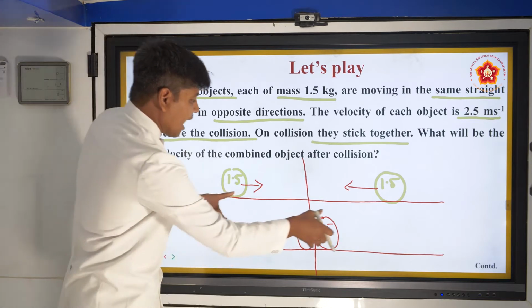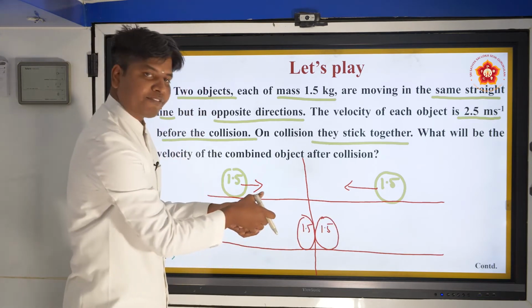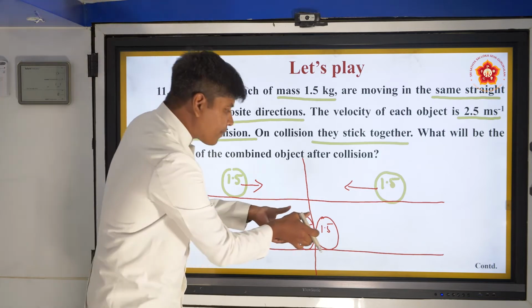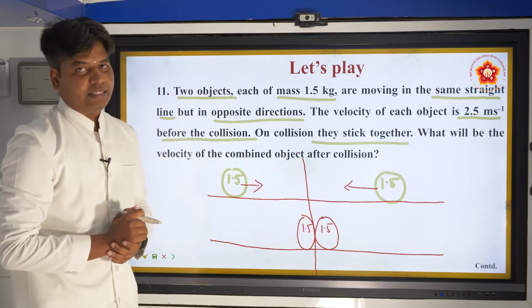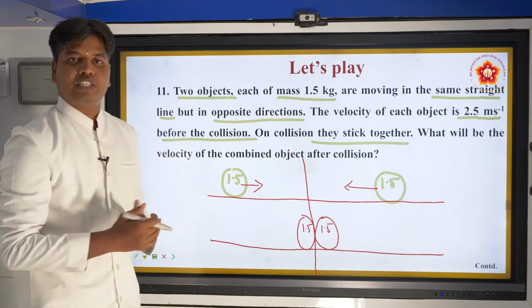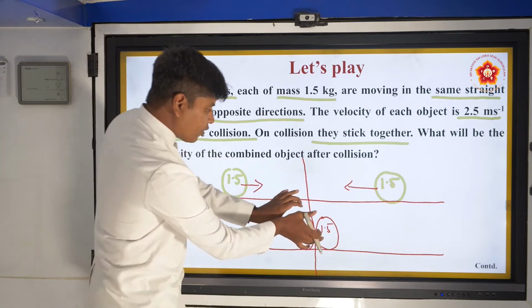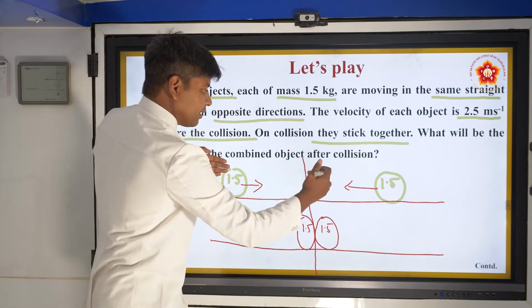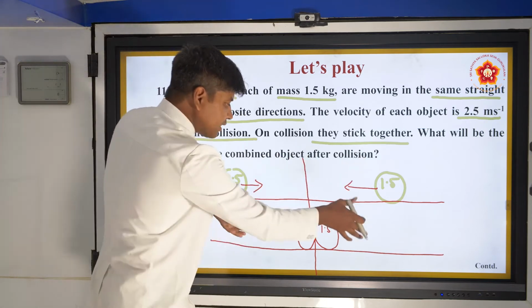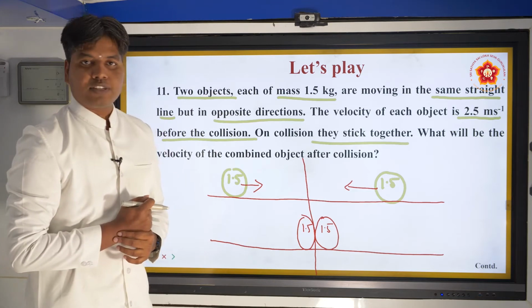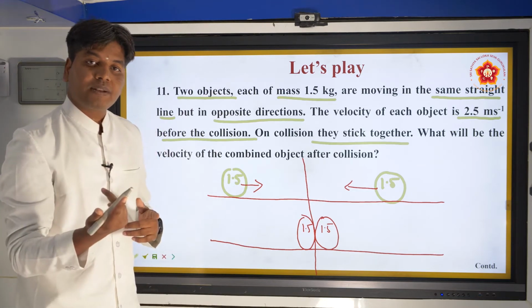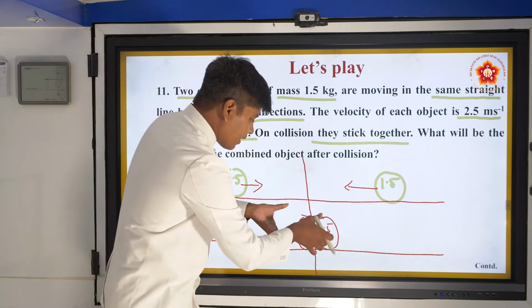One way is after collision, these bodies with the same velocity may move apart. That is also a symmetric situation, right? Two bodies are going apart. As they are coming here in the same direction, they will move apart in the opposite directions. That is also a symmetric situation. What is another symmetric situation? That they collide and stick.